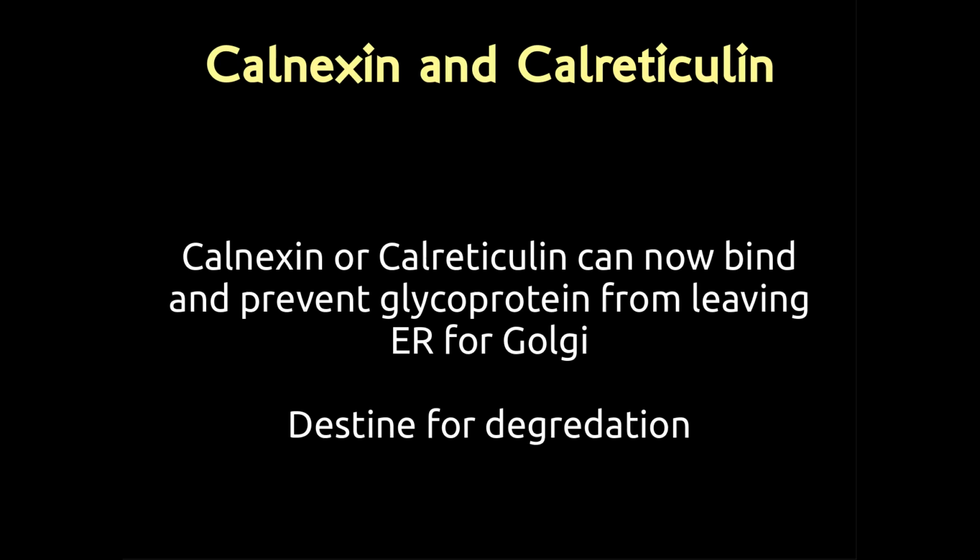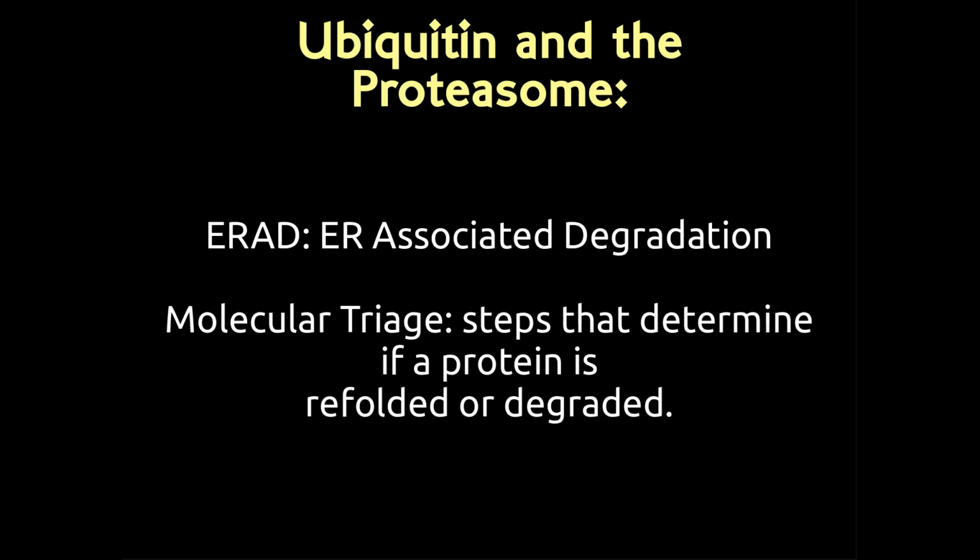Once that happens, Calnexin or Calreticulin can now bind and prevent the glycoprotein from leaving the endoplasmic reticulum for the Golgi. The Golgi is the next stop for most proteins after they leave the endoplasmic reticulum. This will prevent it from going on. You're kind of stopping that protein in its path. And this will also signal that it's destined for degradation. We're going to break down that protein because it is improperly folded.